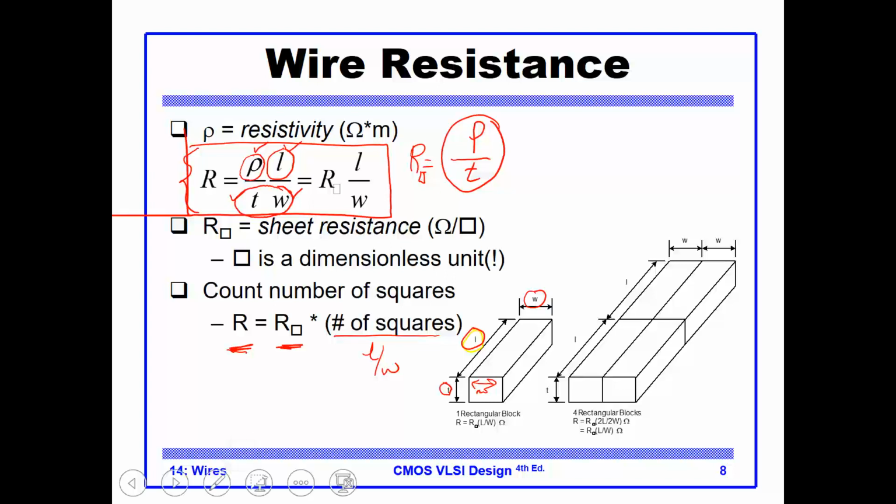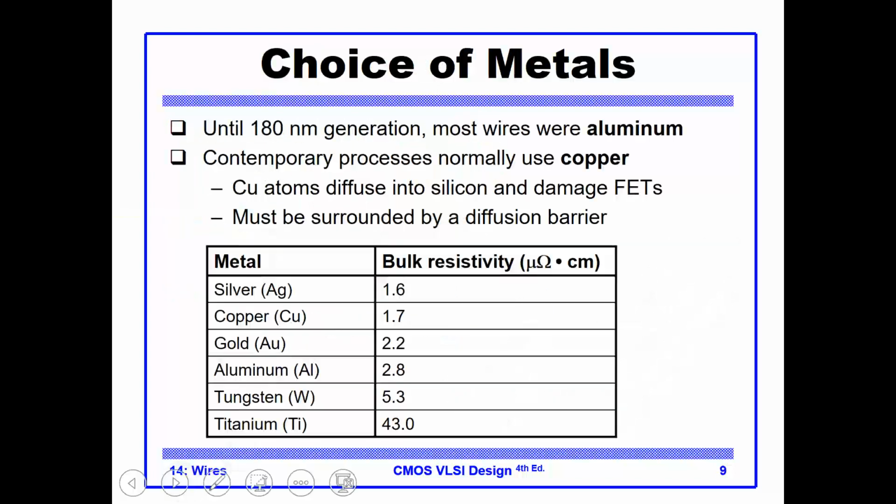Now, what are some of the resistivities that we have for different conductors?